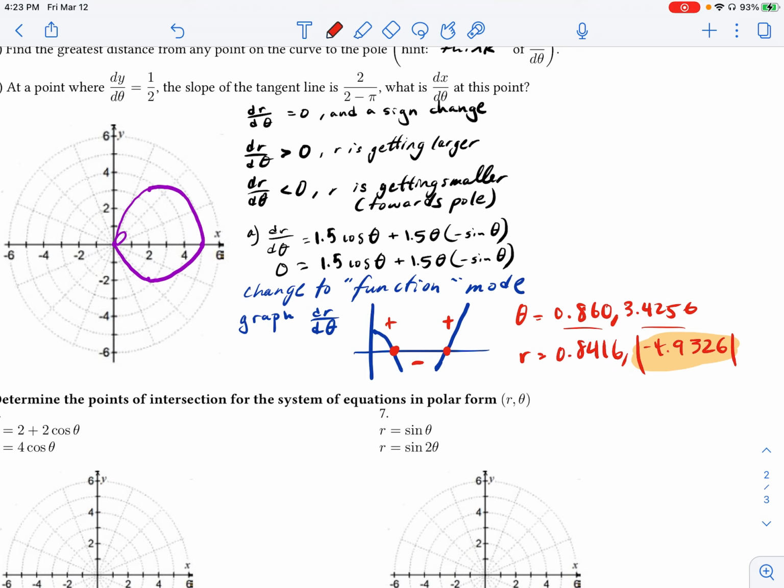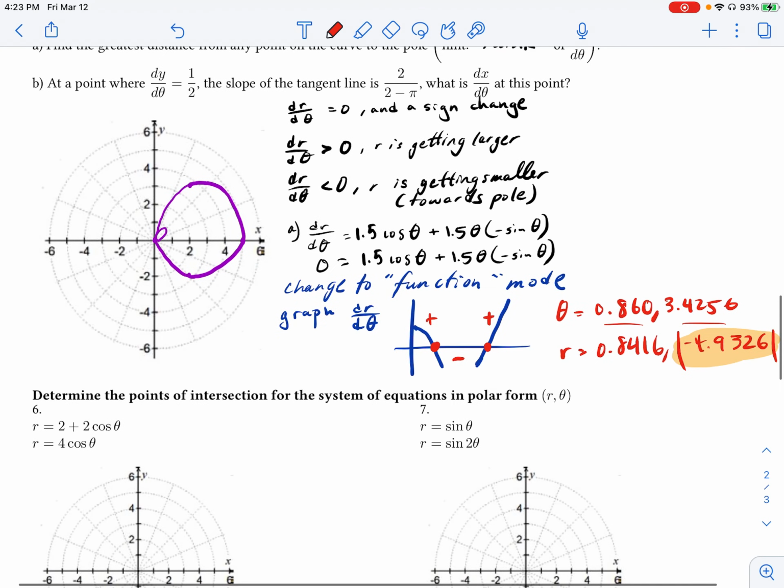And think for a second about what we just found. We're saying when theta is equal to 3.4256 radians, which would mean theta is somewhere right around here, because we know here is pi radians. So when theta is right around there, since it's a negative r value, we're going to reflect it over the pole right around here.